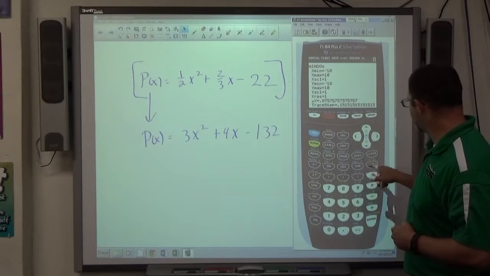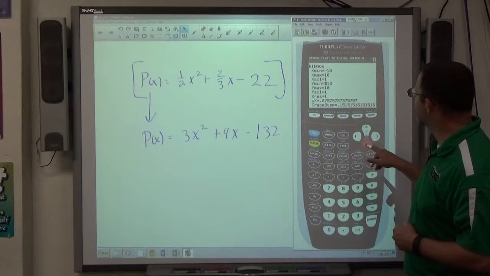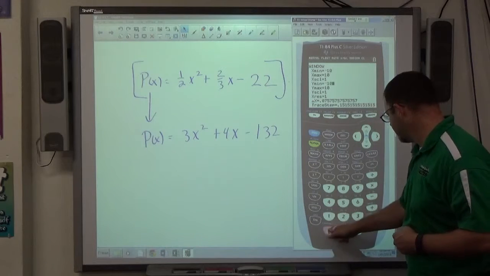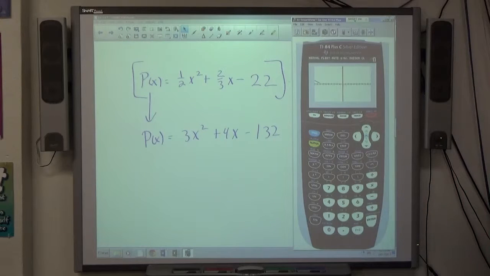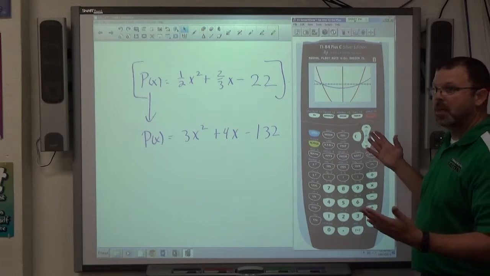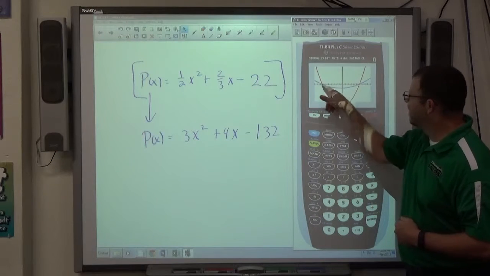Hopefully that's big enough. Let's make y min and max negative 100 to 100. There's our first one. Here's our second one. So what I want you to see is they're different, right? But at 0, they're the same.